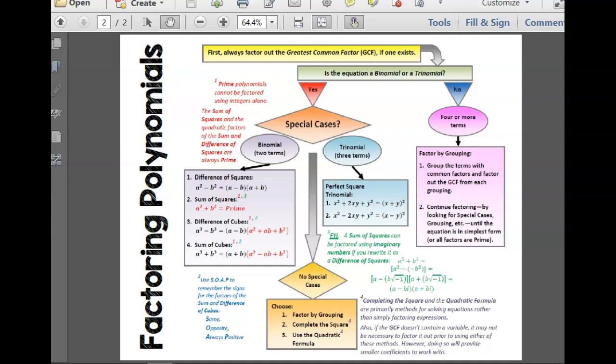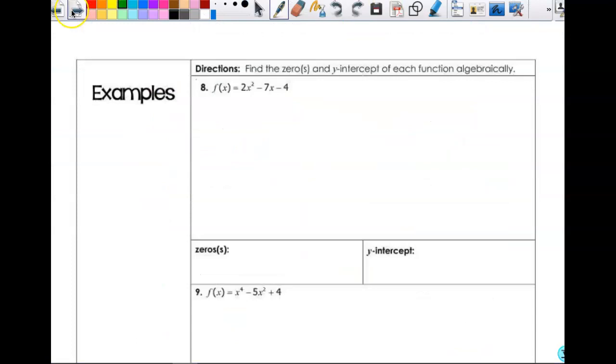But this covers some special cases. If you have 4 or more terms, what do you do? You need to know how to take care of your special cases: sum and difference of cubes, difference of squares, factor by grouping, and completing the square if you need to. This is a very handy little sheet if you need it, because we're about to factor.